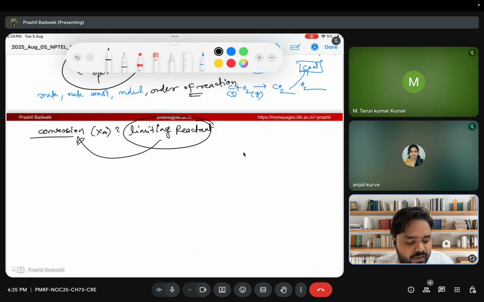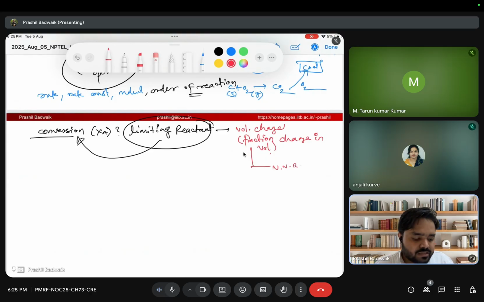Okay. Then we talk about the volume change, that is, fractional change in volume. This is applicable for a variable volume reacting system, VVRS, right?